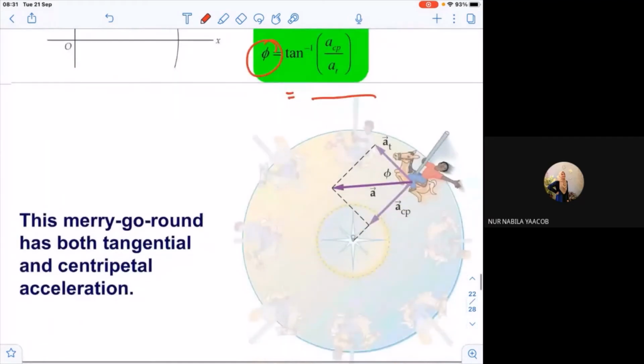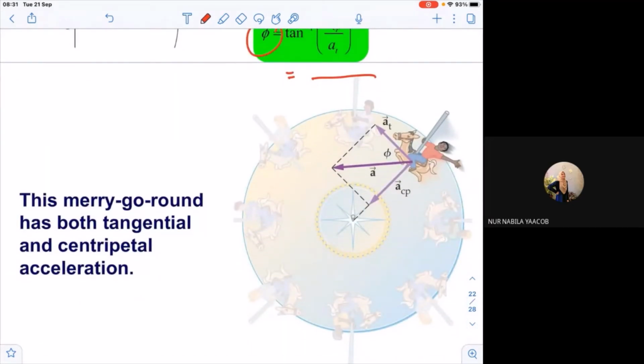This merry-go-round has both tangential and centripetal acceleration. You can see here the horse is moving forward, but at the same time the horse is oblique, and it's still moving around the merry-go-round.